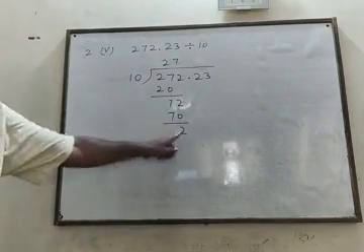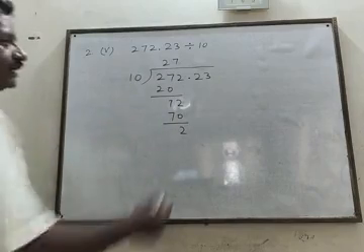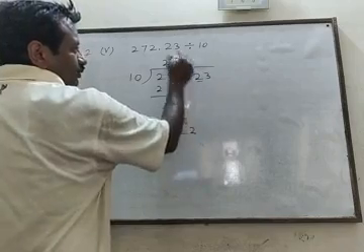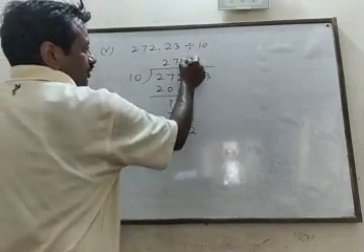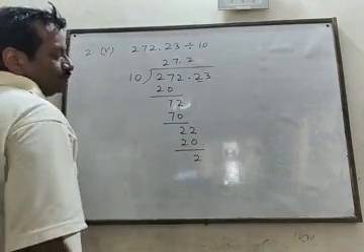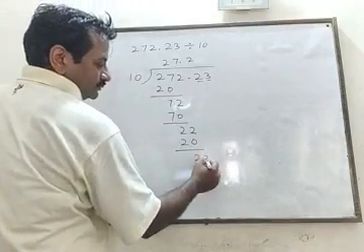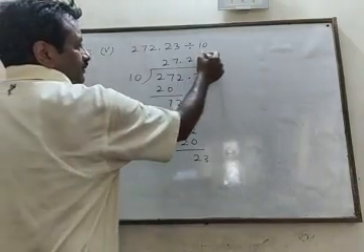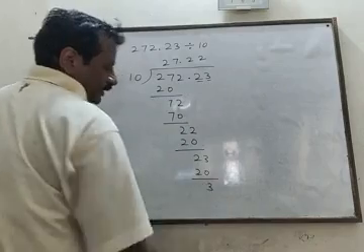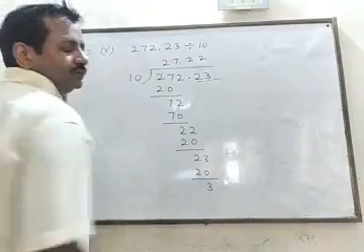Now this 2 is remainder. Carry down next 2. But before this 2, decimal will go up. 10 2 ja 20. 2. Carry down next 3. 10 2 ja 20. 3. Carry down next number.